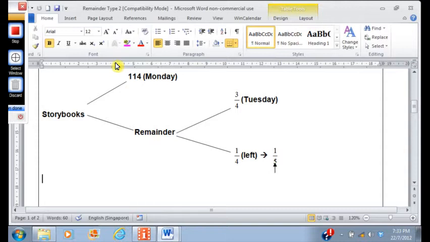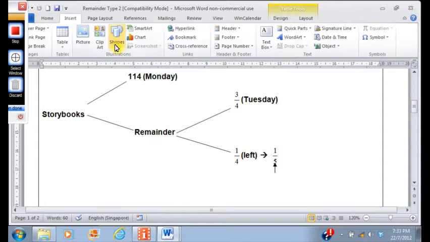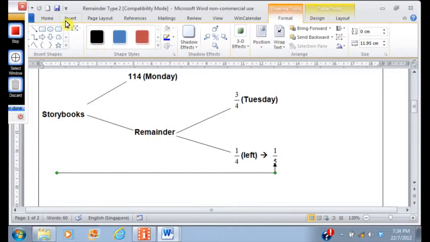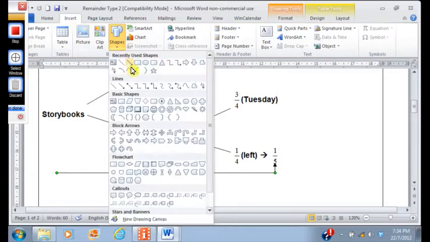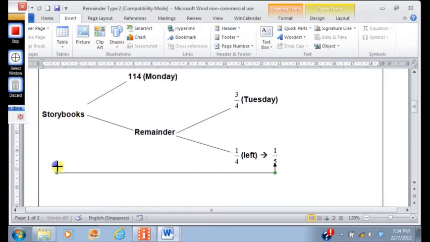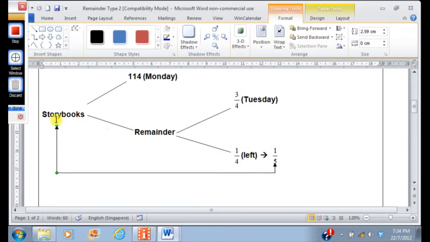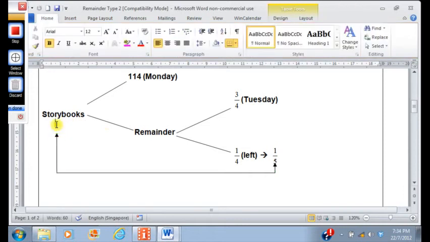This 5 is the 5 units, and this is actually your total number of storybooks, which means you can easily write this thing down as 5 units.